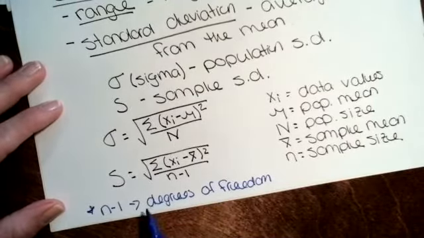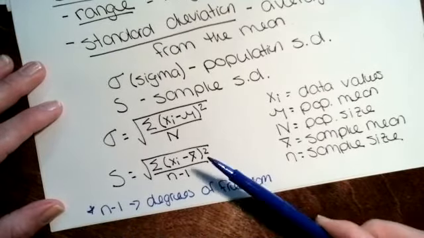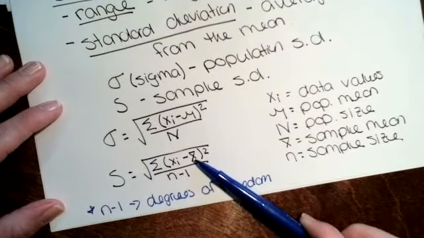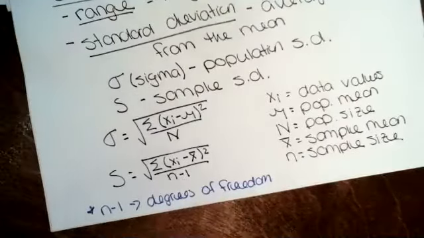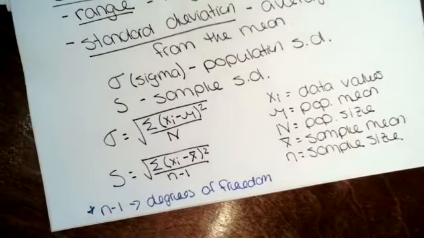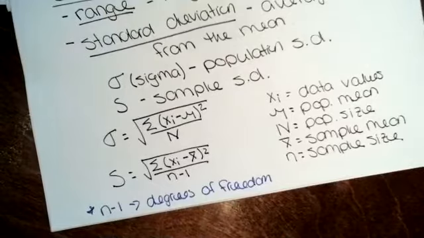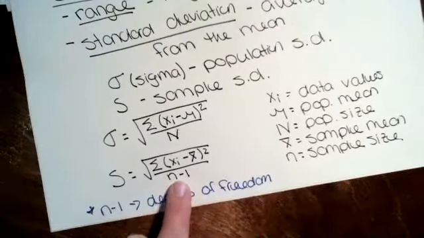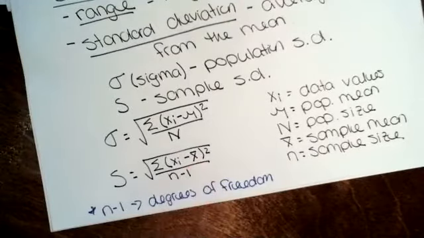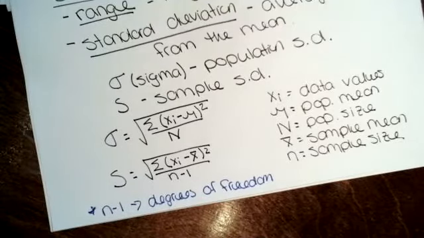But the reason why we use n-1 here is because we're actually using X bar up here. And because we're using a sample mean, then we have to use n-1. And like I said, I'm going to get into it more a little bit later on in the semester when it means a little bit more to us. But I just wanted to point that out, that we use n-1, and it's because of this guy right here. We got to place the blame on something to make our calculation a little different.